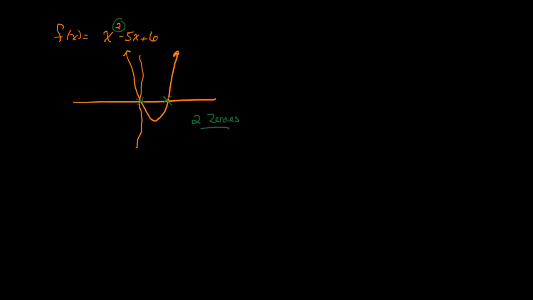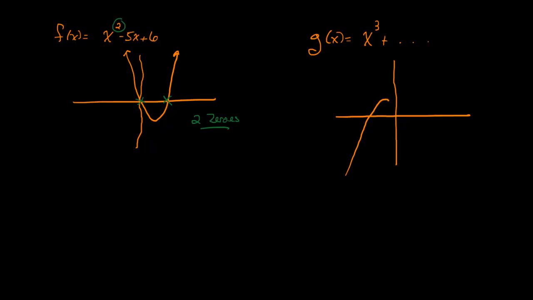Let us go ahead and examine a different polynomial. Let us say we have g of x equal to x cubed plus a whole bunch more stuff. I don't care what the rest of the stuff is. I just care about a possible polynomial. In this circumstance, it's going to go up, it's going to be that sigmoid looking thing, and it's going to come down, and it's going to go back up again.